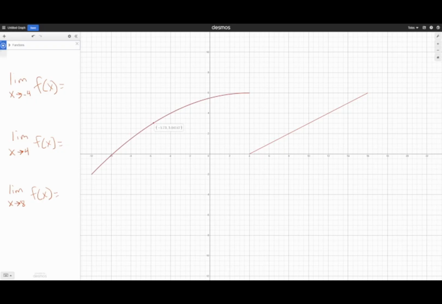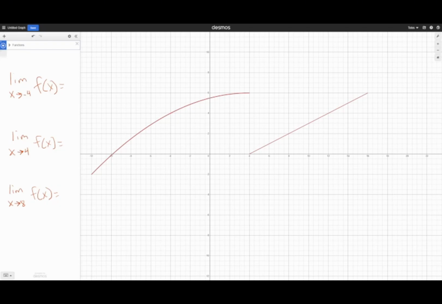If we come along our graph, coming from this direction, we come at -4, and we're increasing, and we get to -4, and we see that we're at 4. Now we come at it from the other direction, and we're constantly decreasing, and we're approaching, and we get to 4.